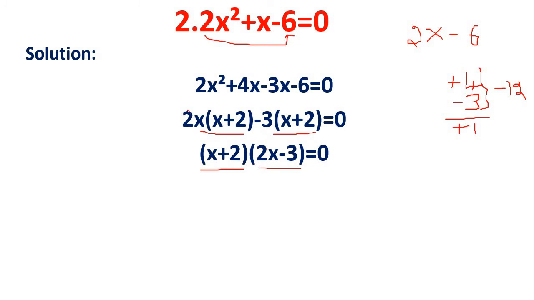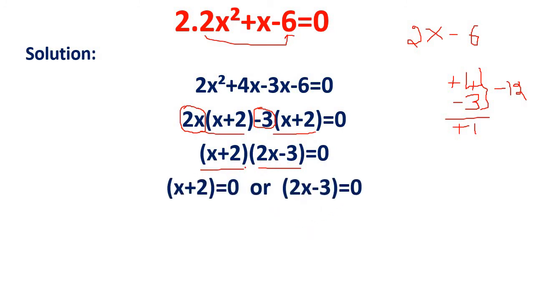So we have to take this 2x outside and this minus 3 outside: 2x minus 3 into x plus 2 is equal to 0. So x plus 2 is equal to 0, and 2x minus 3 is equal to 0.